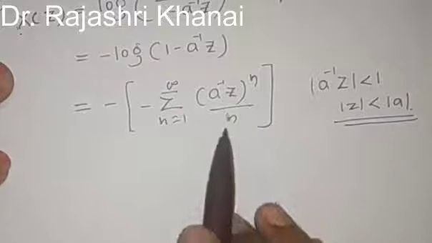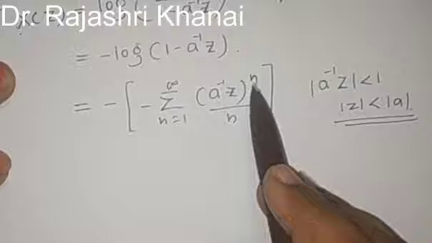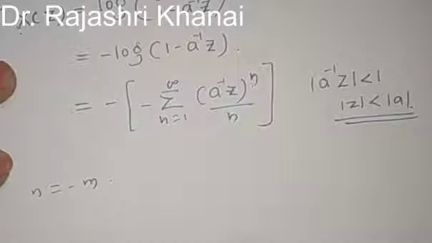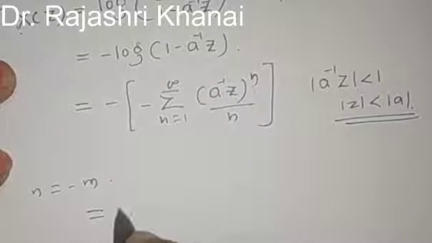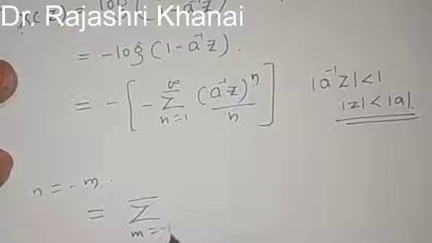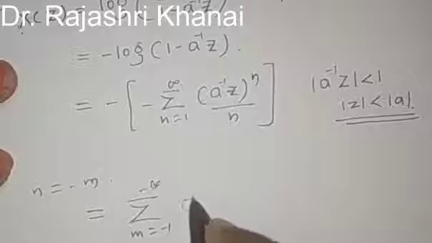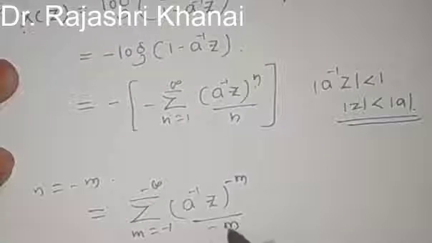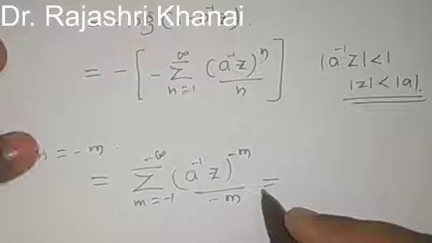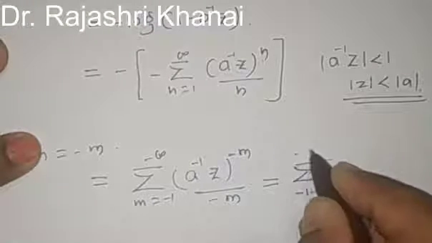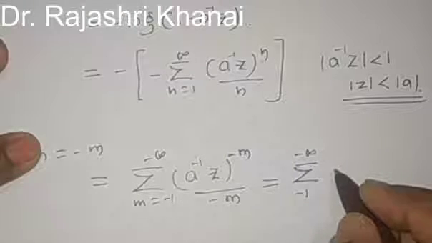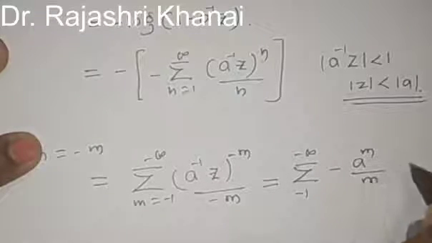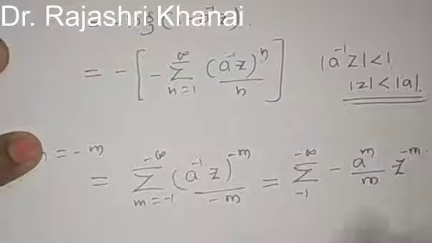Now when I want to compare this with the standard equation, I need n value negative, so I will put n equal to minus m, and hence I will write it as summation m ranging from minus 1 to minus infinity (a inverse z) raised to minus m divided by minus m, and that is equal to summation minus 1 to minus infinity minus a raised to m divided by m into z raised to minus m.